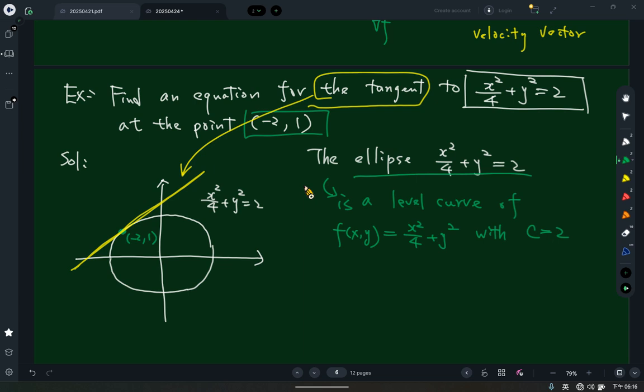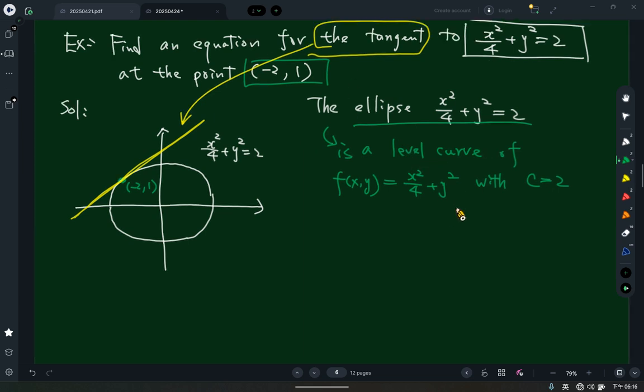That means for all points here, when we use the point as the input for z is equal to f(x,y), it always returns 2 to represent its height, right? So this time we regard this ellipse as the level curve for this one. So based on this definition, we can get the gradient of f at -2, 1.